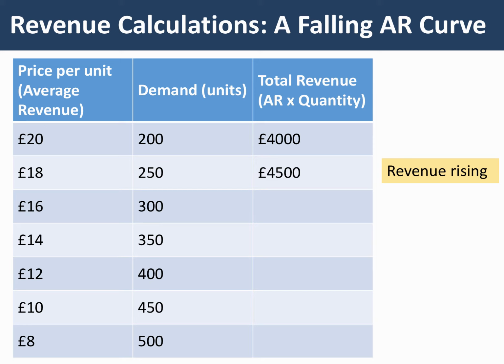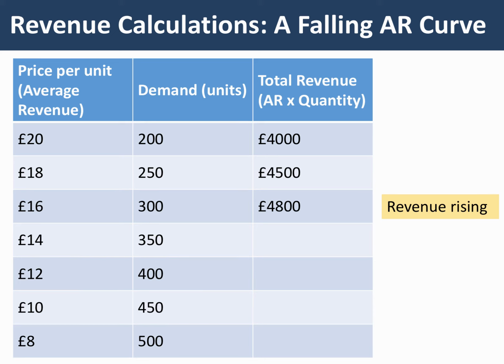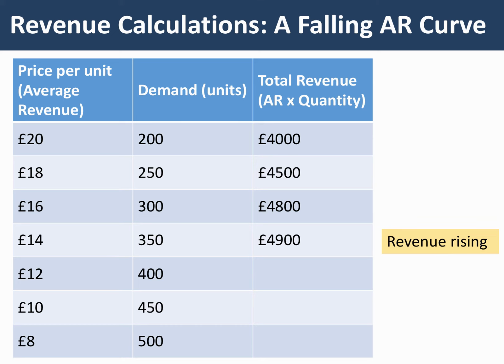So clearly the firm has benefited in revenue terms from cutting the price. But if the price falls to £16 per unit, yes, total revenue goes up, but notice here it's rising at a decreasing rate. We're only gaining £300 of revenue for the extra 50 units sold. Revenue rises still further when we cut the price to 14, but again notice here we're only gaining £100 for those extra 50 units.